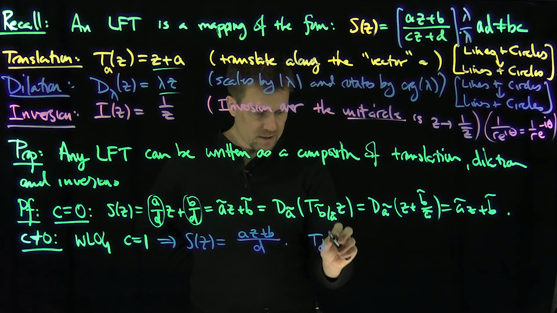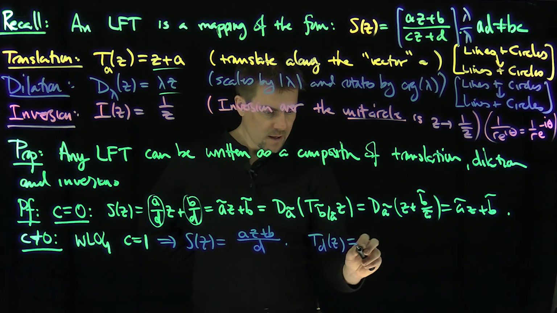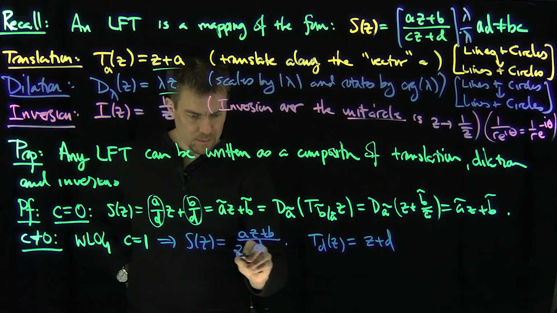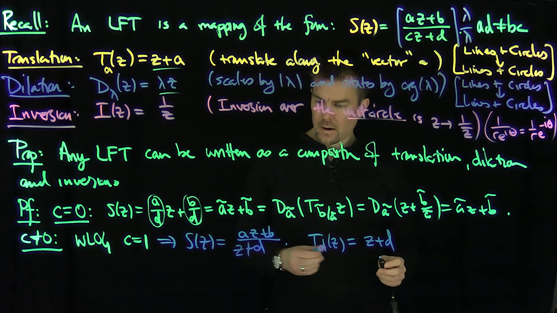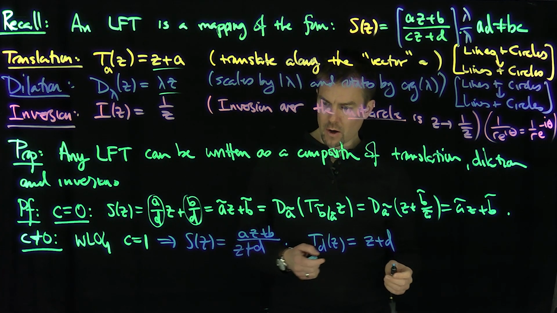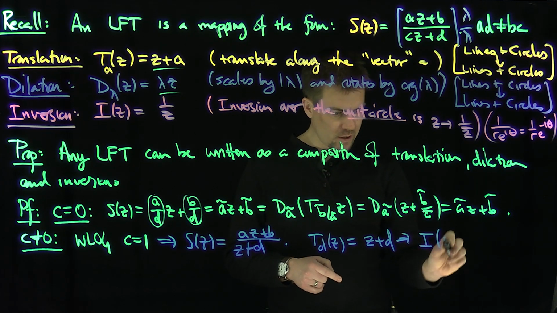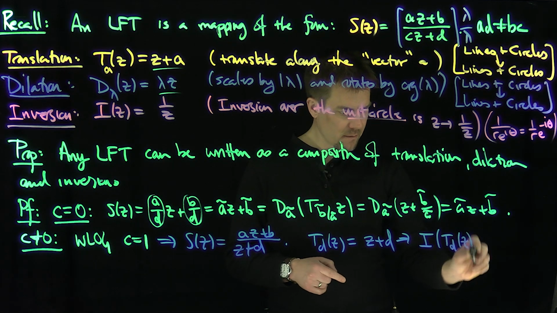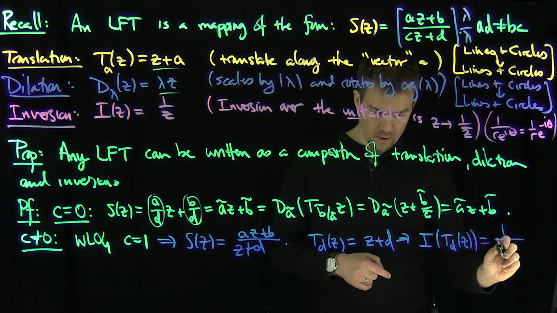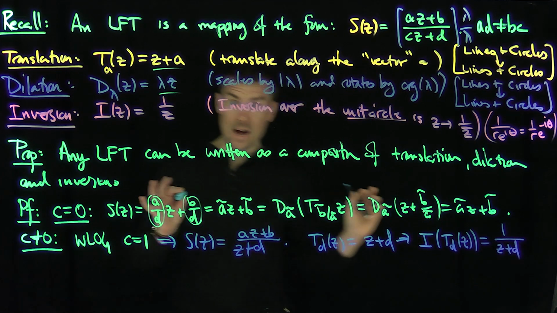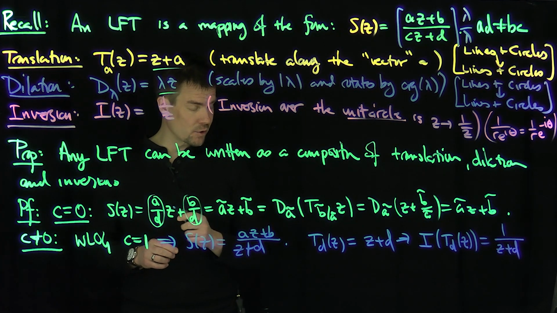So T_d of z is going to be z plus d. Then if I do inversion of T_d of z, that becomes 1 over z plus d. That's good. I've got our denominator by a composition of a translation and inversion.